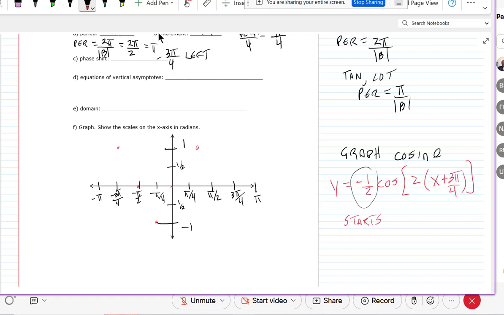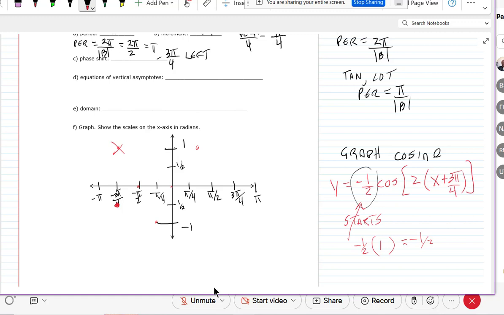Now the negative 1 half is going to multiply those y values. We have a y value of 1. If we multiply that by negative a half, that moves that point to negative 1 half. Then I'm going to scratch that out. What I'm doing is applying the amplitude after I get the basic cosine wave.